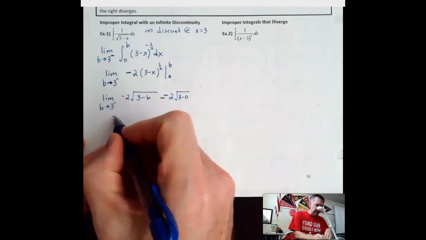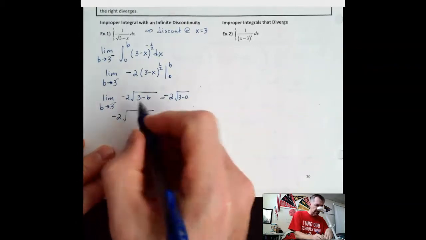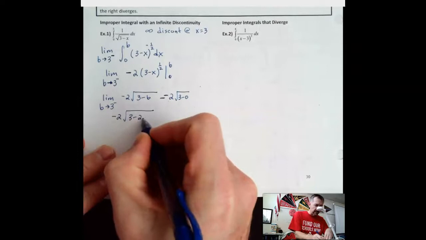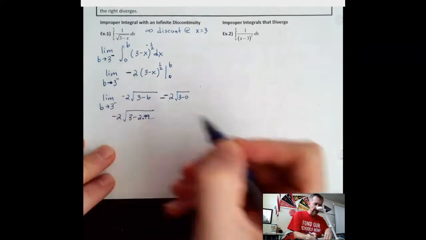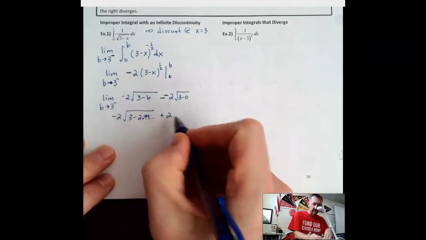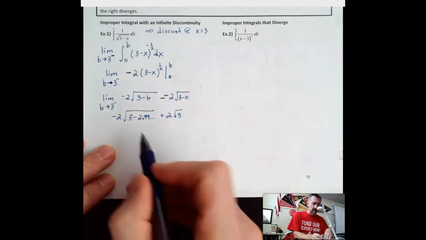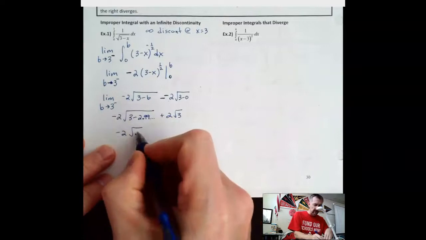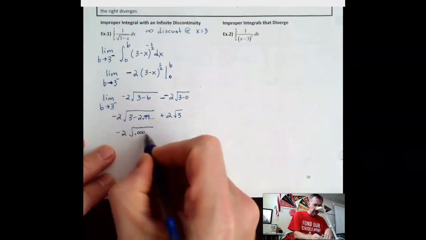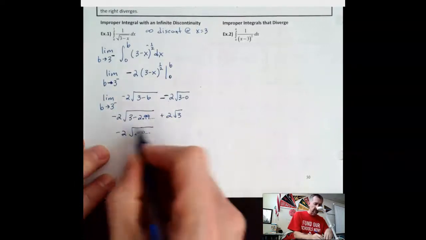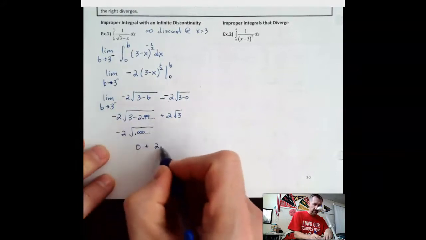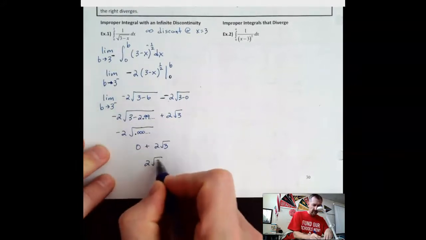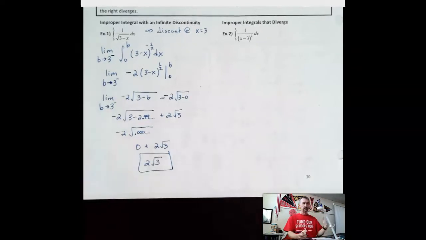Now if we do some numerical analysis and we plug in 2.99999, and this is going to be plus 2 root 3. So that's going to be really tiny, 0.000, and so that's going to be 0. And so our integral is going to be 2 root 3. Okay.